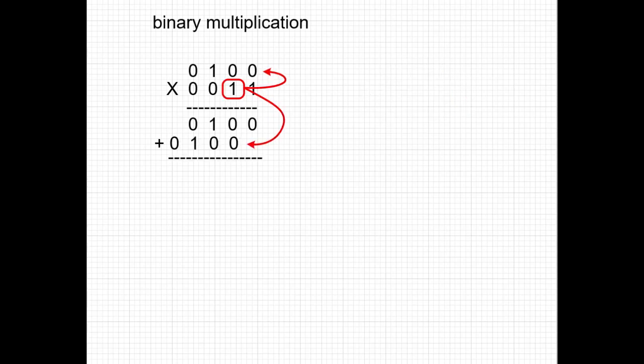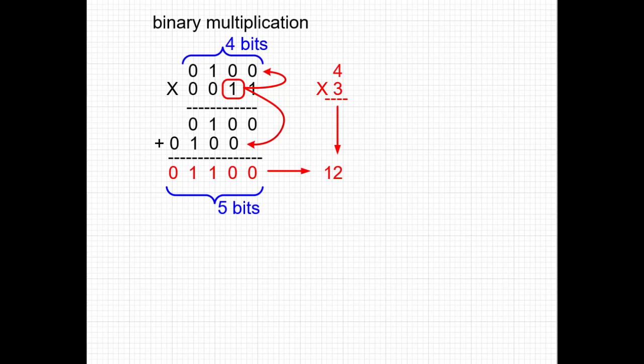Proceeding on, again, just as old-style multiplication, we pull down the complete multiplicand, shifting to the left. And then we add. And no surprise, we get the right answer. Note that we need to expand the bit field to accommodate the larger results.